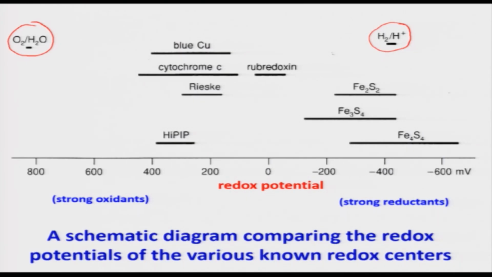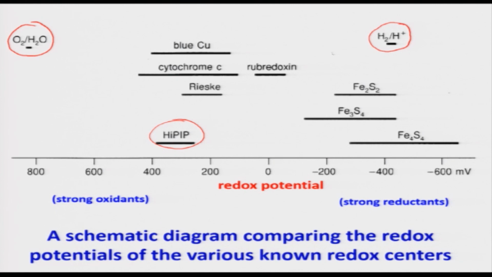On the positive side, you see blue copper, which is a copper containing protein responsible for electron transfer, and cytochromes, rubredoxin, which are all iron containing proteins, and also HiPIP, which is an iron sulfur cluster. On the negative side, you can see that mostly Fe2S2, Fe3S4 or Fe4S4 is there, and they are the source of strong reducing agents in the biological system.